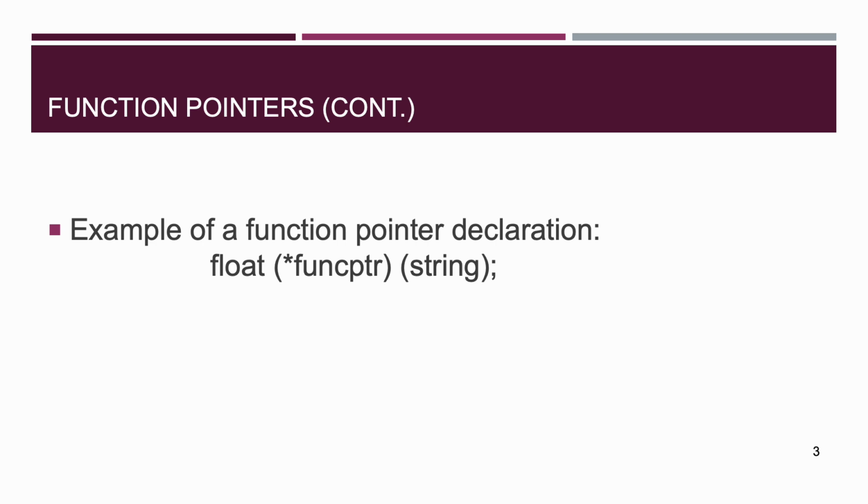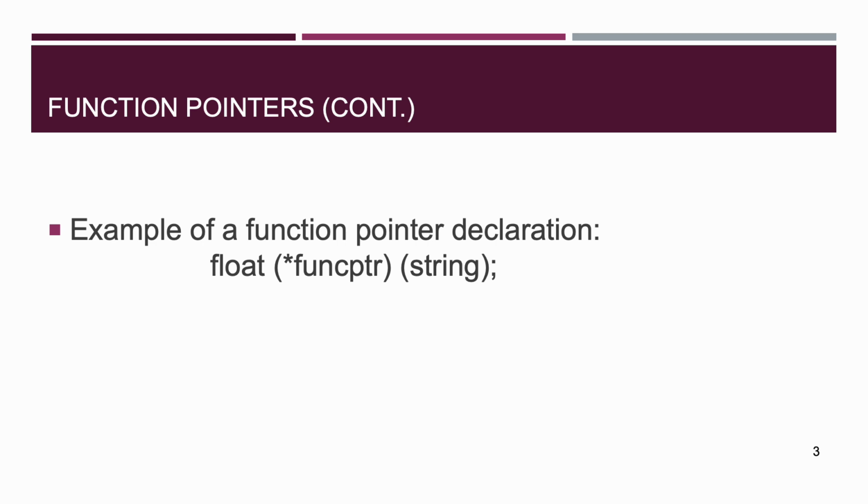Then next we have a star function pointer inside the parentheses, which is the function pointer itself. And function pointer is simply the name of the pointer. Like any other pointer, you can choose a name that's descriptive of its purpose.